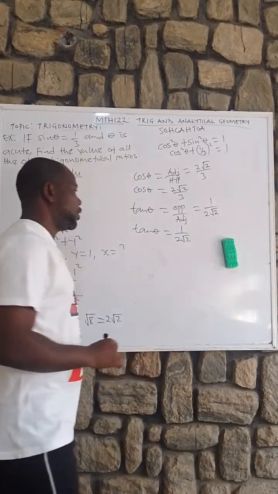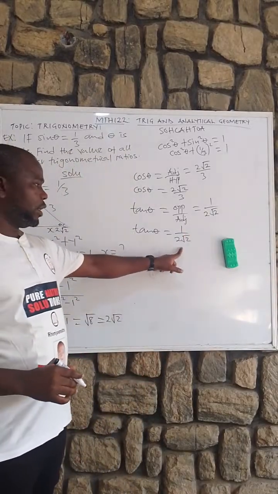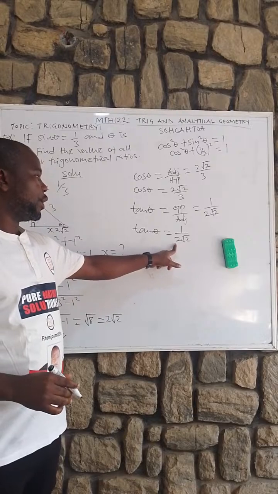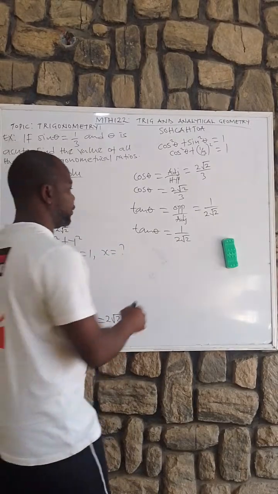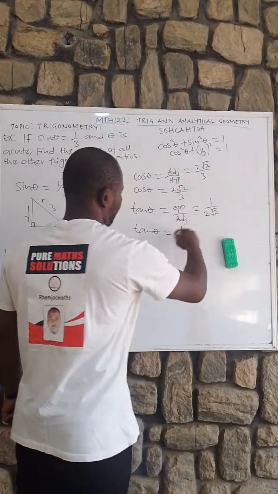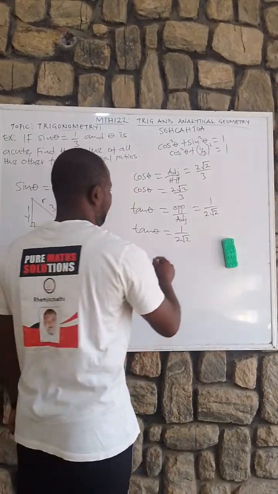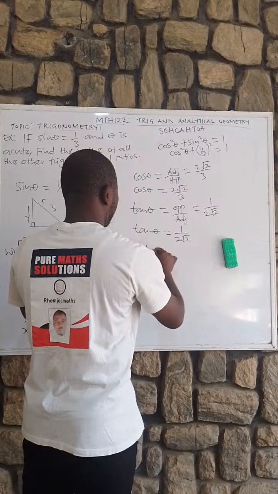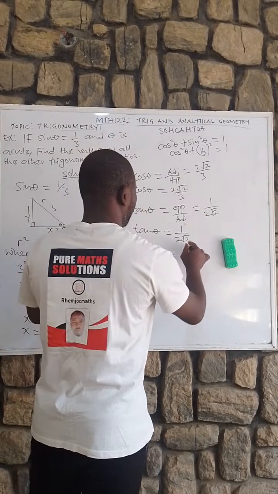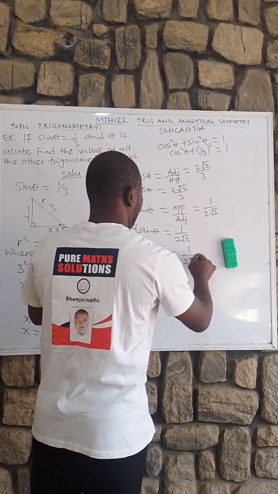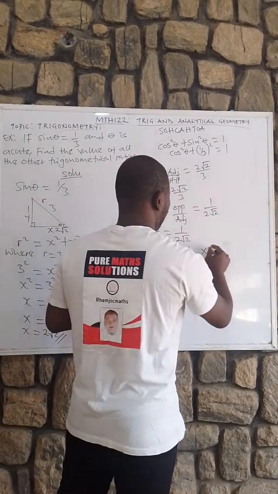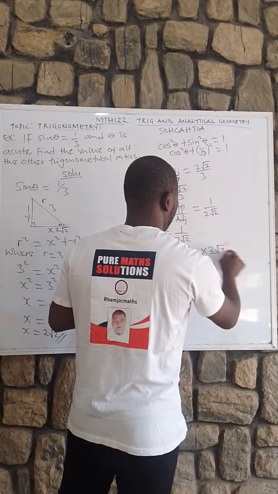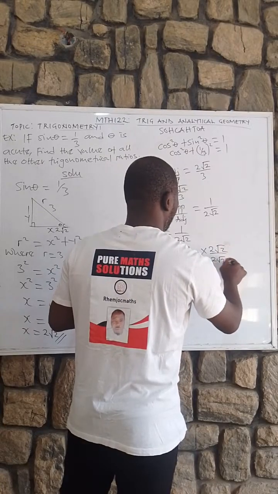But as long as we have something like this, it is not proper, so we have to rationalize this. So this tan theta will now be equal to 1 all over 2 root 2 times root 2 all over root 2.